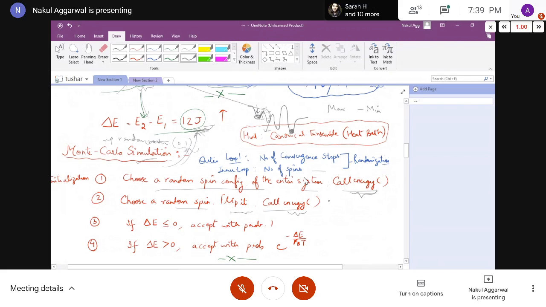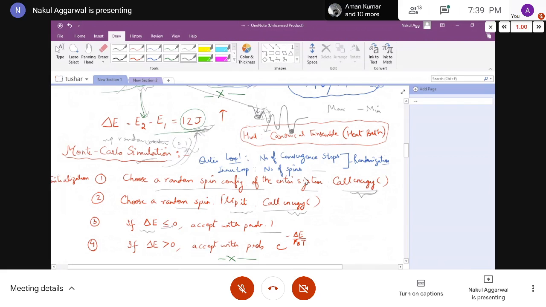Now calculate the difference, delta E. Now obviously if delta E is less than 0, I will consider the case equal to 0 as well. If it is less than 0, you accept it with probability 1, because you are going in a spin configuration in such a way that the overall energy of the system is decreasing.